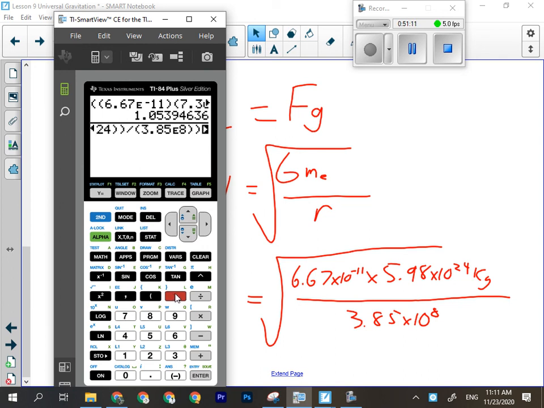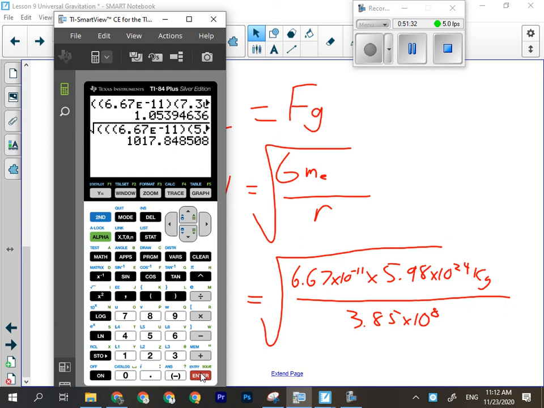Lots and lots of brackets. So the moon moves at 1,017 meters per second. That's 1 kilometer per second as it orbits the Earth.